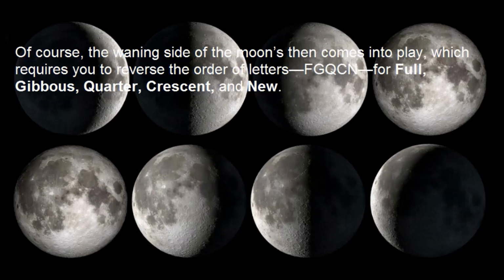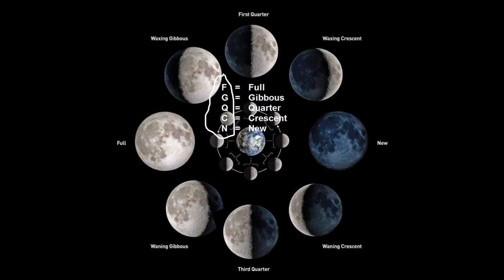Of course, the waning side of the moon then comes into play, which requires you to reverse the order of letters: F, G, Q, C, N, which I have on display here, which stands for full, gibbous, quarter, crescent, and new.